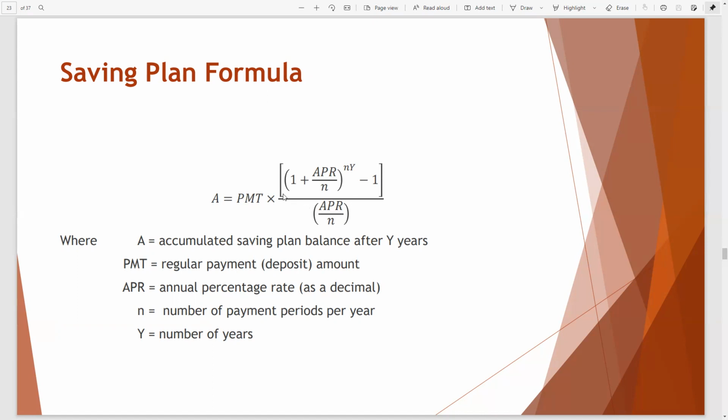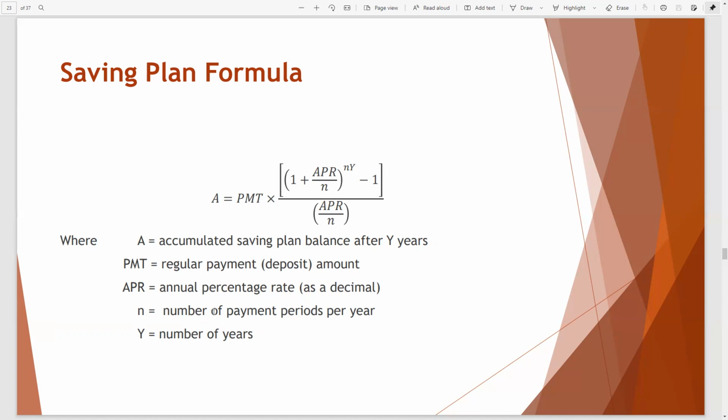From the last chapter, we can do this whole numerator in one step on our calculator, then take away 1. The bottom is also one step. So we'll have two numbers, make a quotient, then multiply by the regular payment.